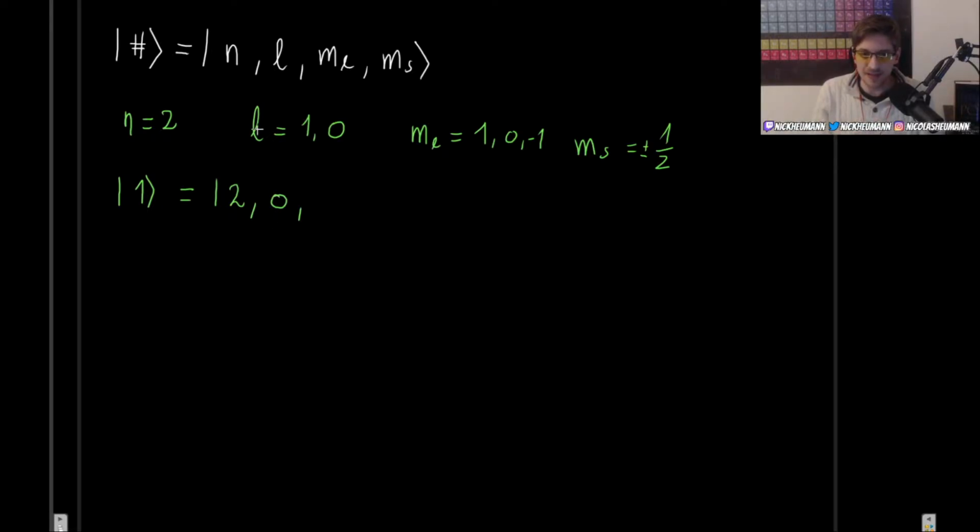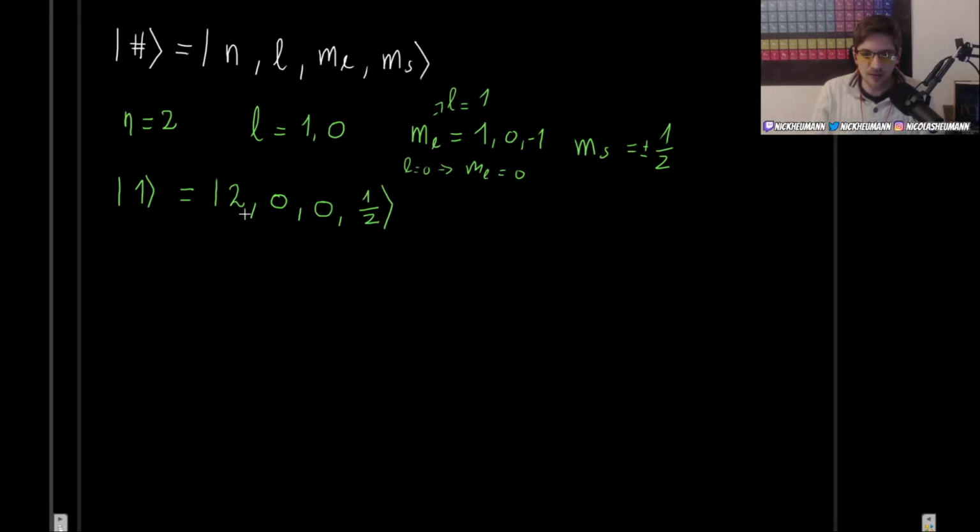Then ml, if L is 0, ml has to be 0, right? ml goes from plus L to minus L. So these values for ml are actually for L equal to 1. So if L is 0, then of course ml is also 0. Then we need the value for ms, and let's begin with a value of 1/2.